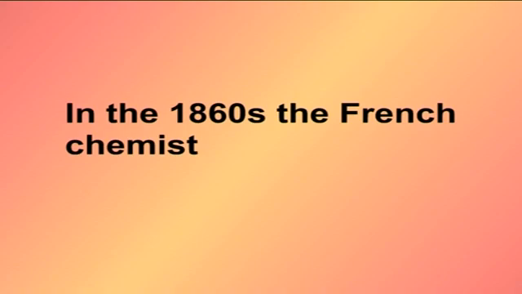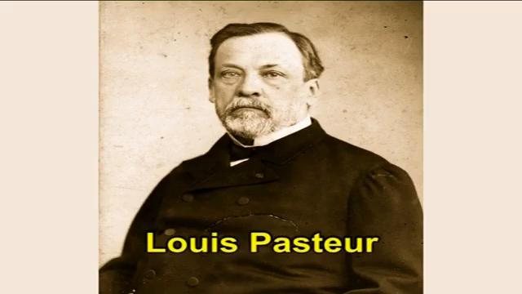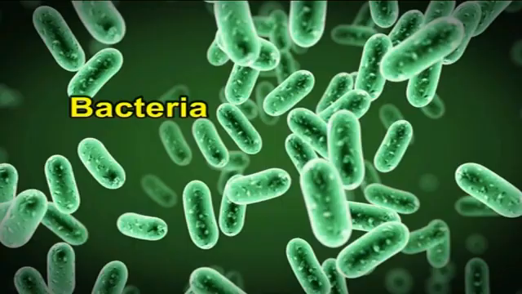In the 1860s, the French chemist Louis Pasteur, through his investigation of fermentation, established many of the microbiological practices still used in brewing. The Danish botanist Emil Hansen devised methods for growing yeast in cultures free of other yeast and bacteria.